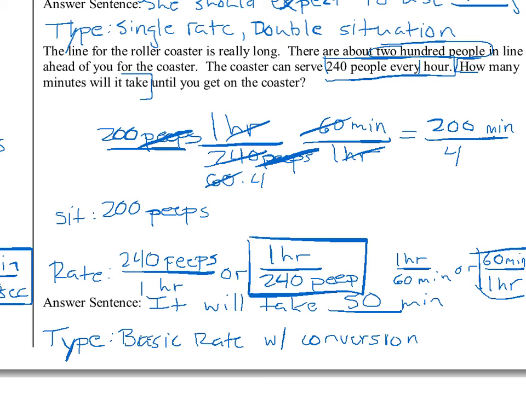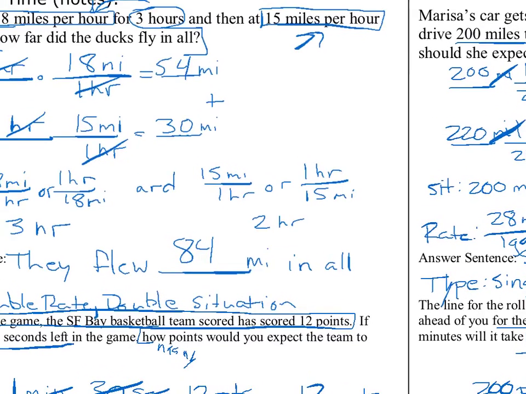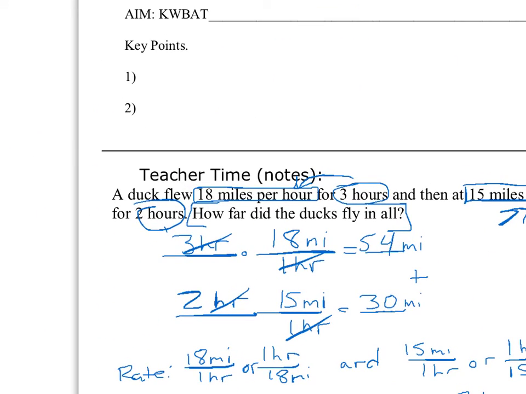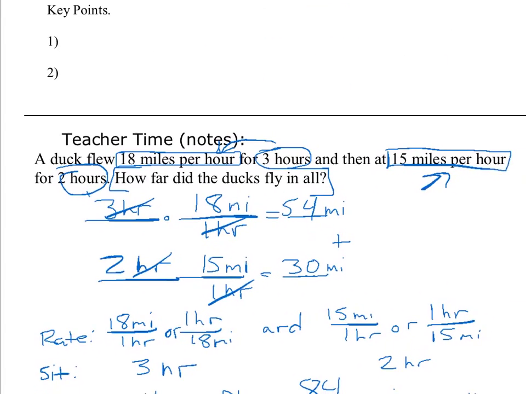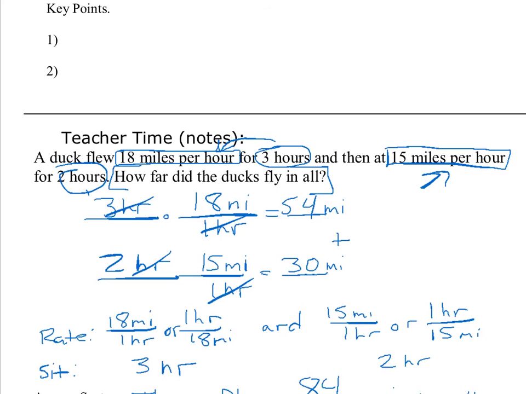All right. So what we see here is that we did 2 problems that were definitely review of yesterday, and we did 2 problems that were new. The 2 new types of problems, one was a single rate double situation, one was a double rate double situation. I think our key points should probably revolve around the 2 new types of problems. Mr. Posey. When we have a double situation, we should add and subtract them. Okay, single rate double situation, excuse me.